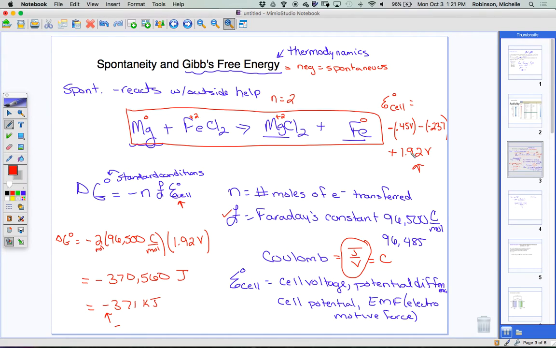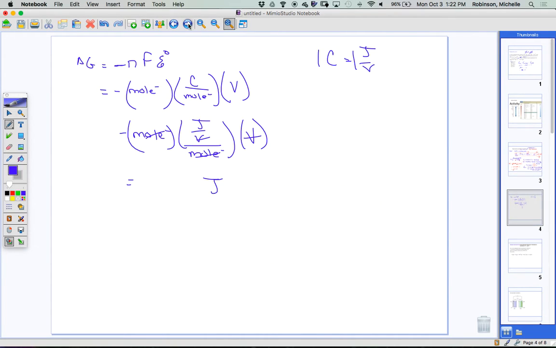And when E of the cell, or the voltage of the cell, is positive, it's spontaneous. And obviously they're inversely related because we have a negative stuck in that equation. So if you're asked to see if it's spontaneous, you can calculate delta G, or you can calculate E. Either way, you're going to get the same result.